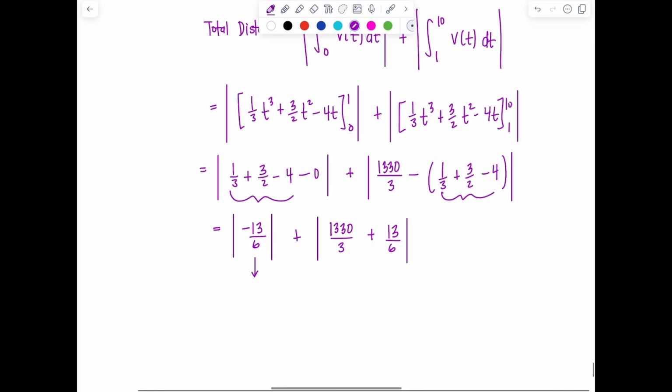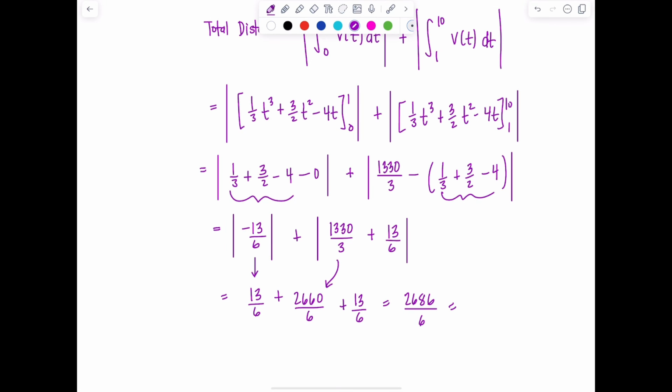So then now this is positive 13 over 6 plus 2660 over 6 plus 13 over 6. So I have 2686 over 6, which is 1343 over 3. We decided we're in meters, didn't we? Okay, that's a house.